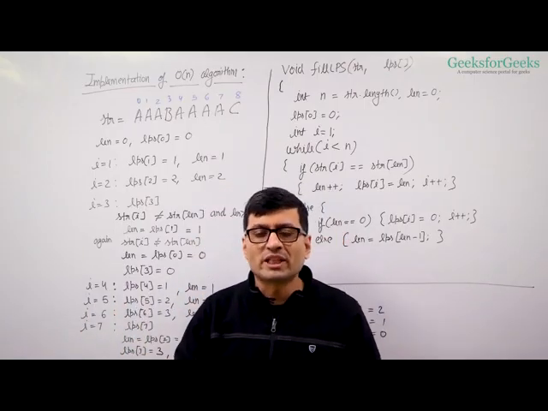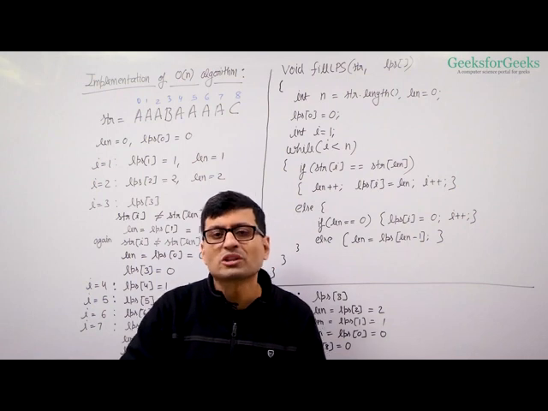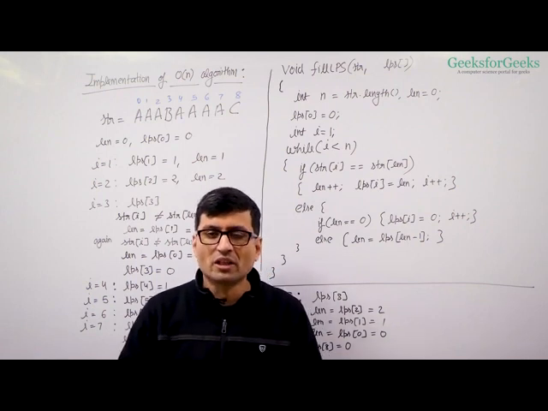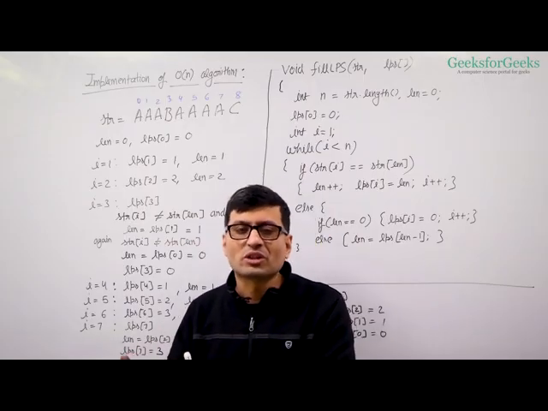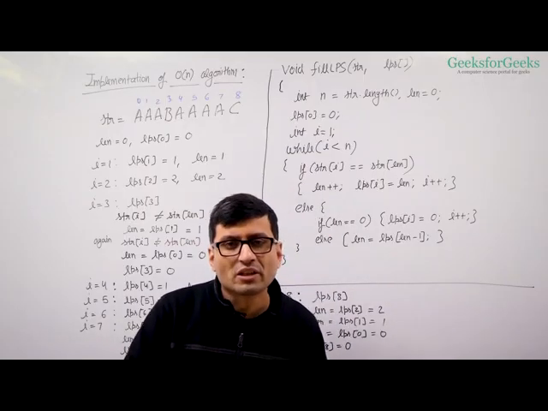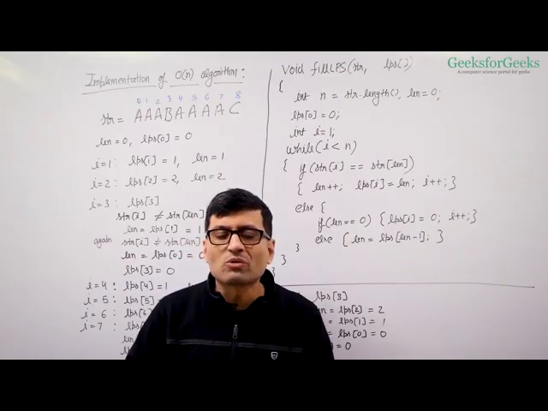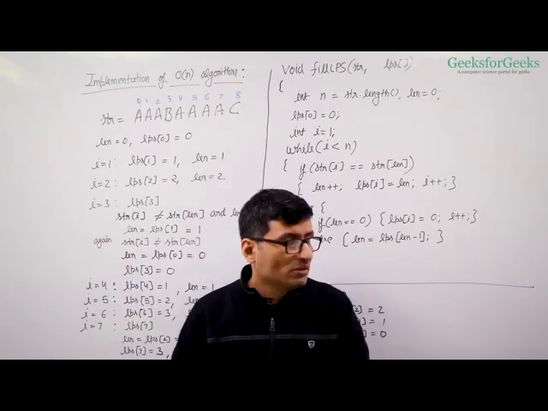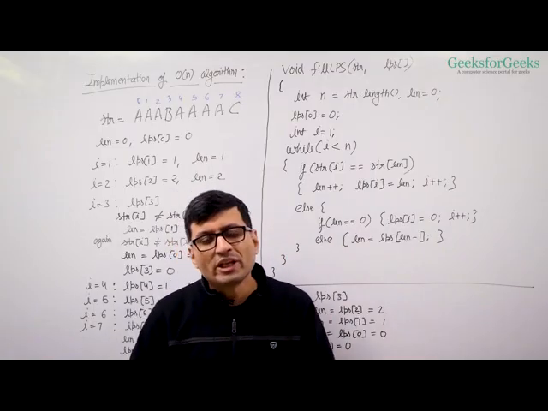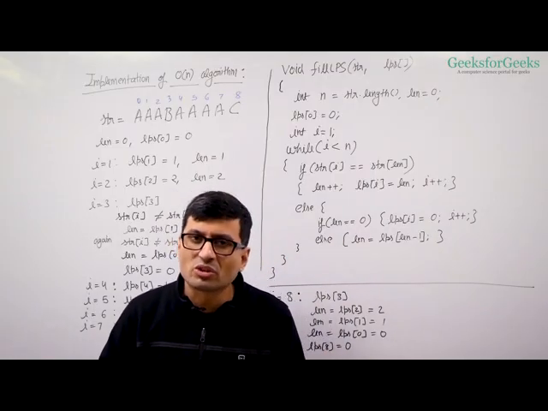Then when you see a mismatch, you will again do at most the length matches again. So you traverse n characters and at the most you are going to traverse all the n characters again. So overall, the time complexity of this particular solution is theta n. When you fall in this case, you may need 2n work, but this is also theta n.